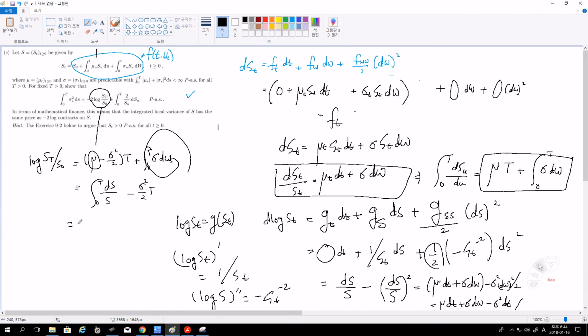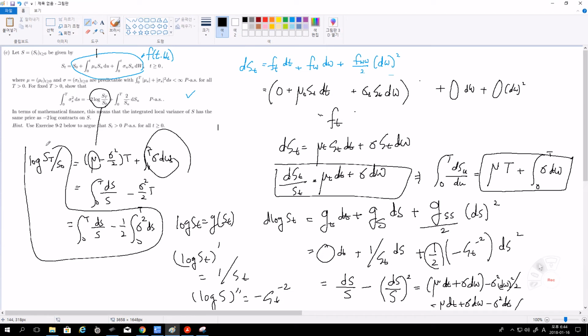So it is the integral from 0 to t of one half of sigma square ds, right? Now we have this one, so if we multiply 2 on each side, then we can recover this one. Well, I'm doing this in a very complicated way, but if you follow this process very well, I think you can do it.